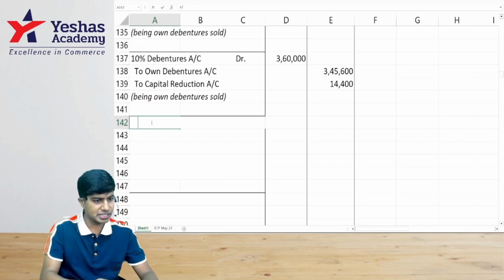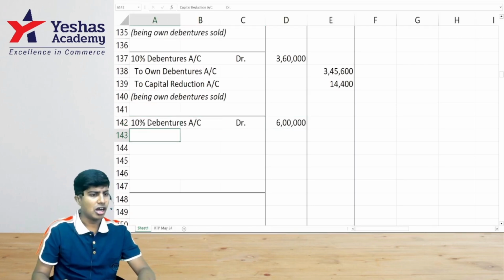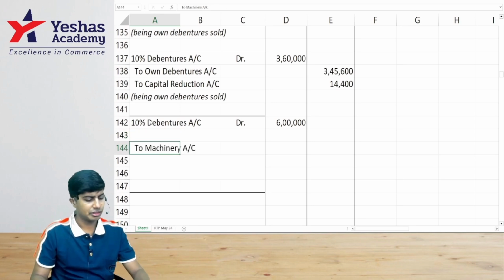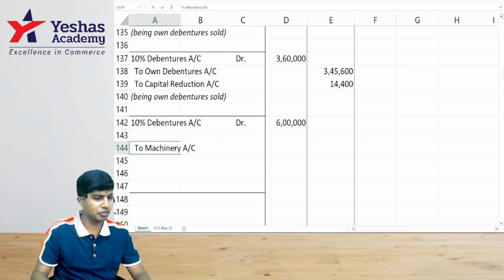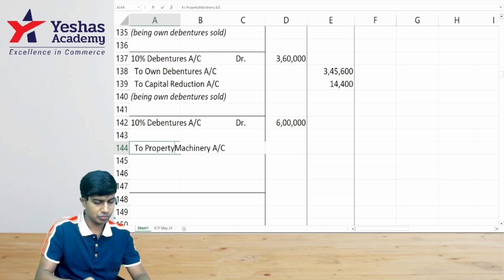Let us write 10% debenture account debit. How much is liability decreasing? 6 lakh. How much is our asset decreasing? They have told machinery, but we should actually write property, plant and equipment. Okay, I'll change the narration.